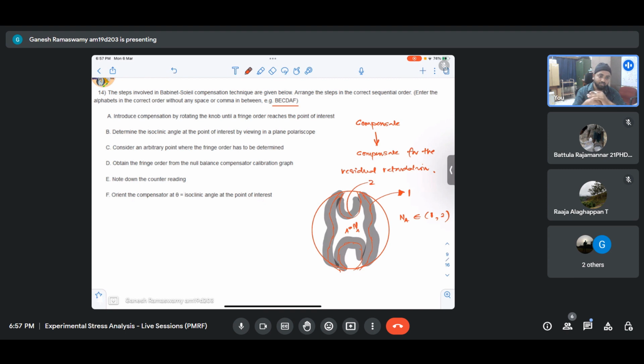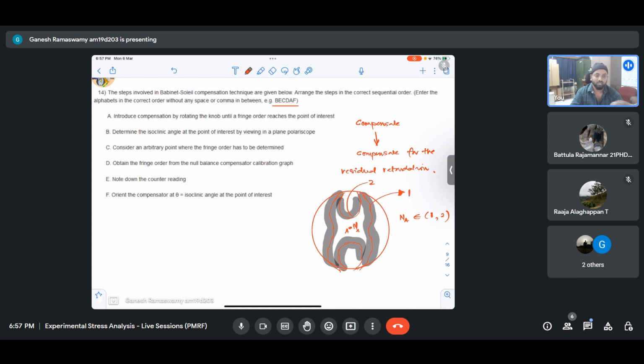So this compensation can be done using external equipment like the Babinet-Soleil compensator, which was shown in the lecture also. Essentially, this is a glass plate with a graduated rotating ring, where once we rotate it, the thickness of the glass increases in such a way that it starts introducing artificial retardation at that point of interest.